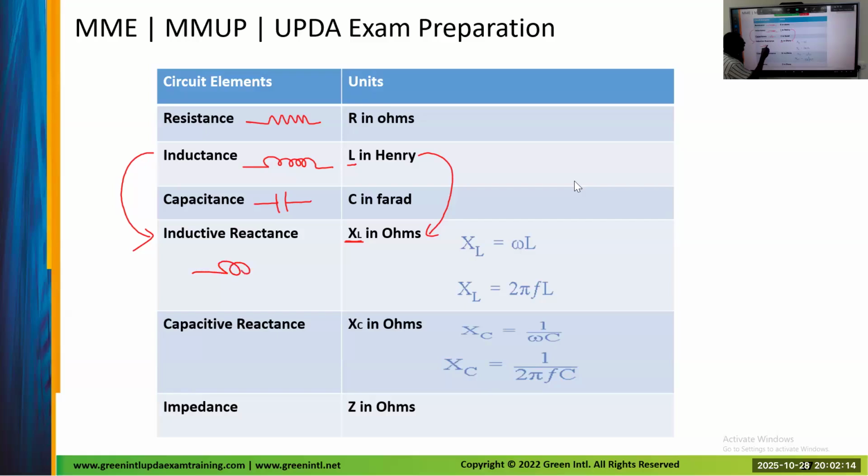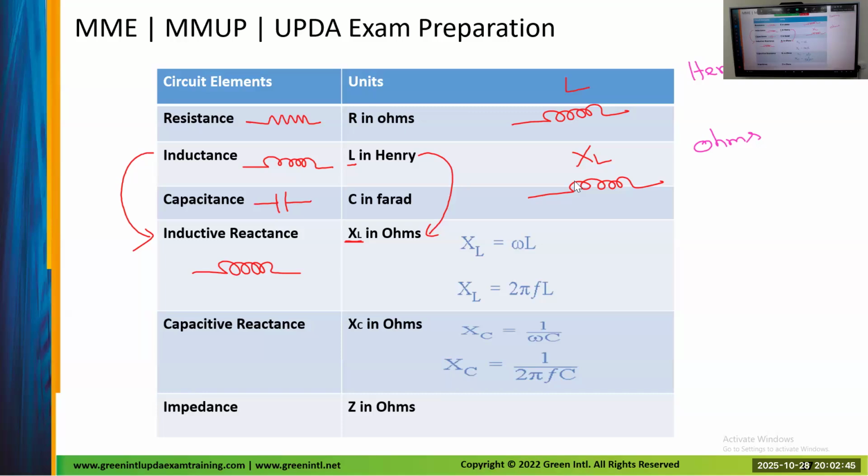This is the symbol, the same one. Simply this is inductance, this is inductive reactance. Here the unit is henry, here the unit is ohms.